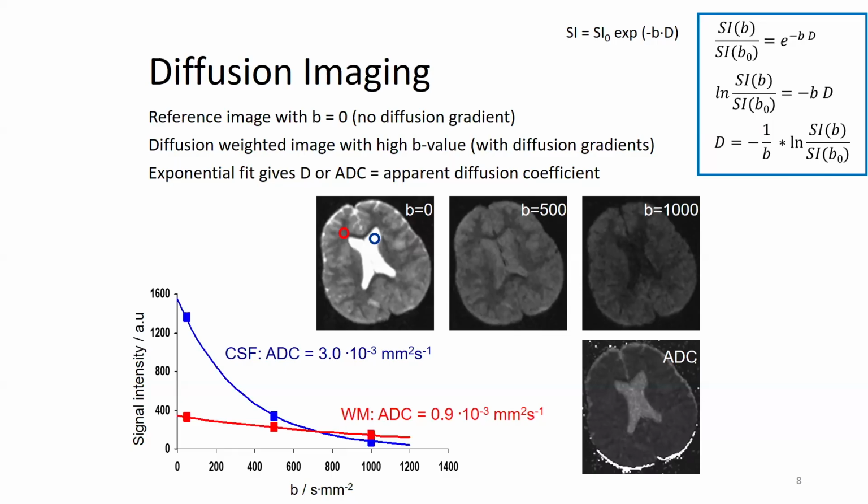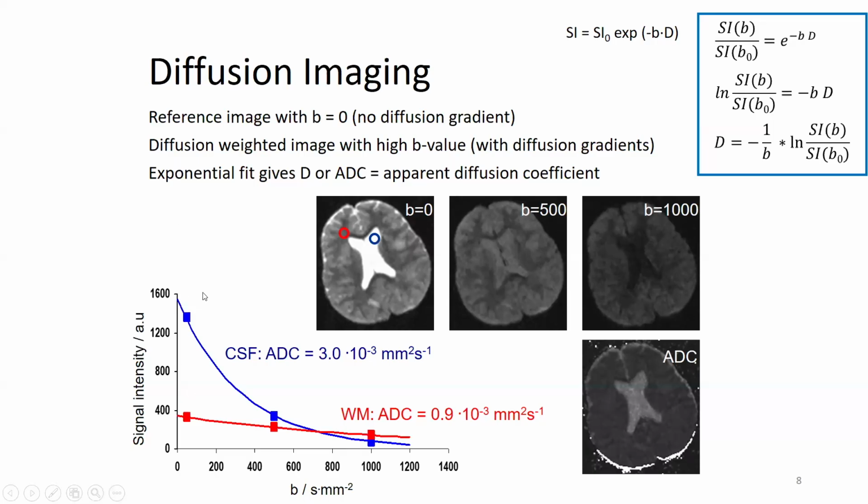Yeah, just to repeat, it's not put together, but if you have the B0 and the B500 and the B1000, you can calculate the ADC. But the ADC itself is not, I mean, you start with a high signal here and you end up with a low signal there, which means that the ADC is a very steep curve.